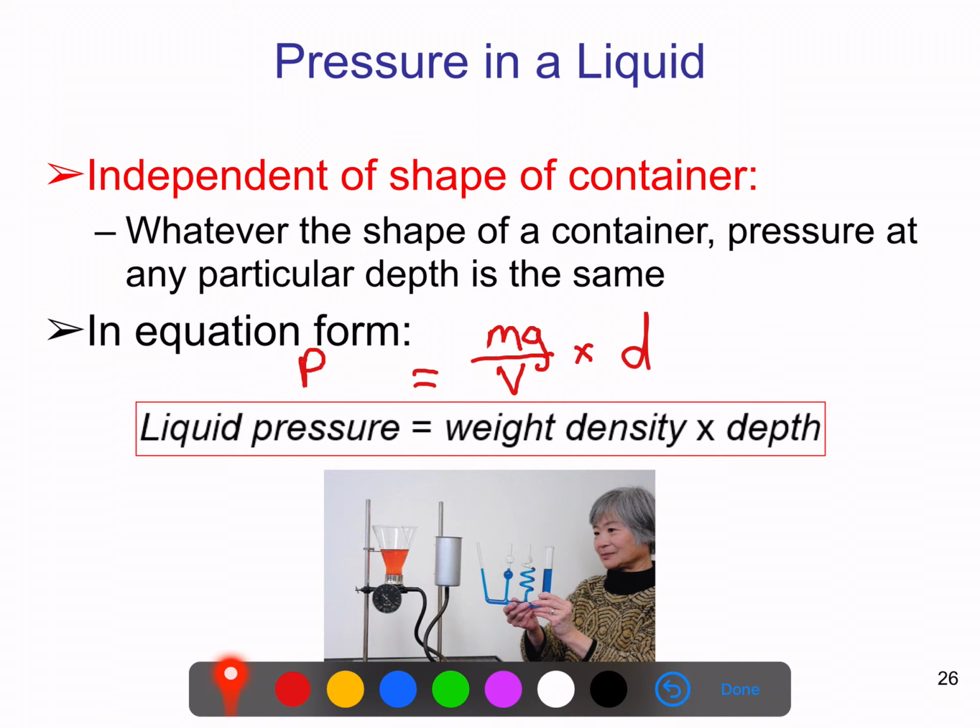Salt water's density is less, and so I would put a different value in here for my weight density for salt water than I would for fresh water. And so I would then conclude that the pressure on my body, the depth at which I am diving, will be, perhaps I can go a little deeper in salt water than I can in fresh water for the same amount of pressure.